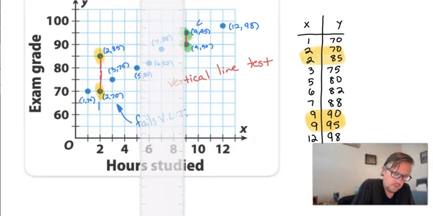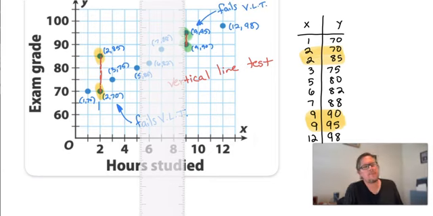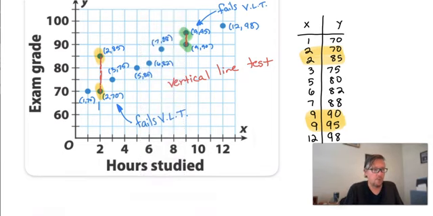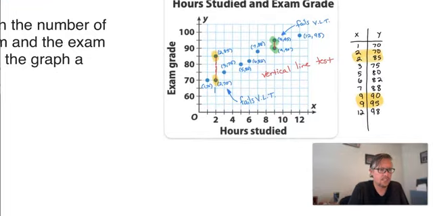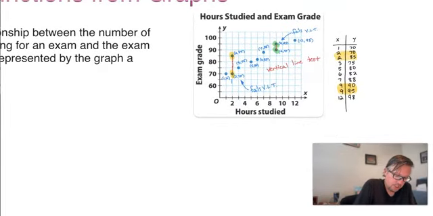So right here, where our x is 9, it fails again. It fails the vertical line test. So there are 2 spots on this graph where it fails the vertical line test. And so what we would say for this is that it's not a function.